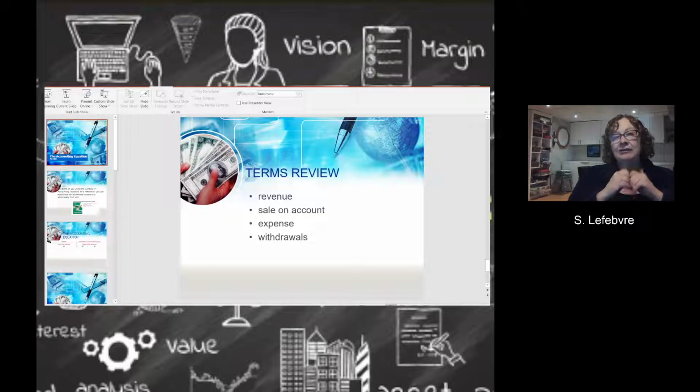So a key thing to remember is that it doesn't increase your assets. It decreases the net worth of the owner. And the other thing that decreases the net worth of the owner is a withdrawal. And so that's when an owner takes money out of the business for his or her personal use.